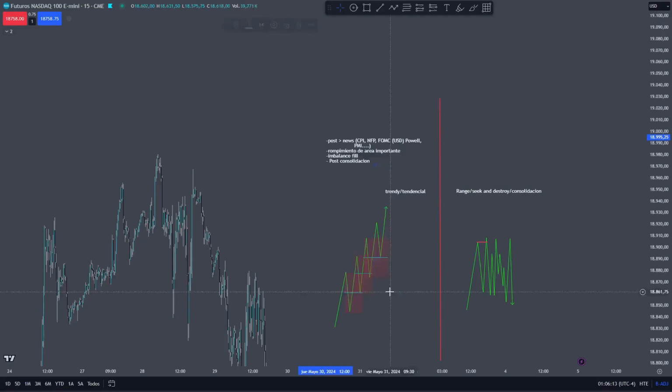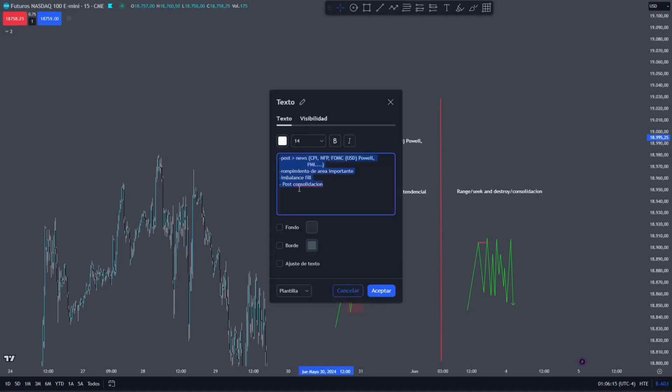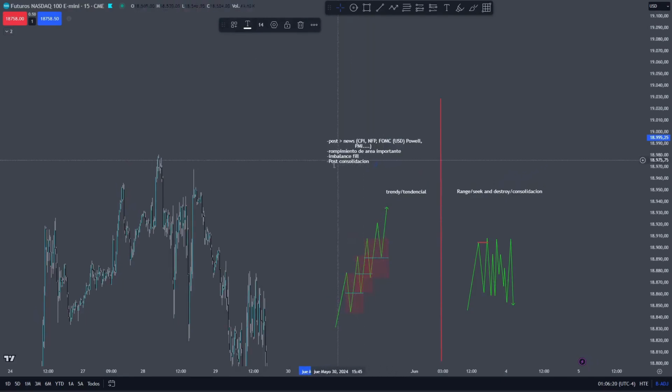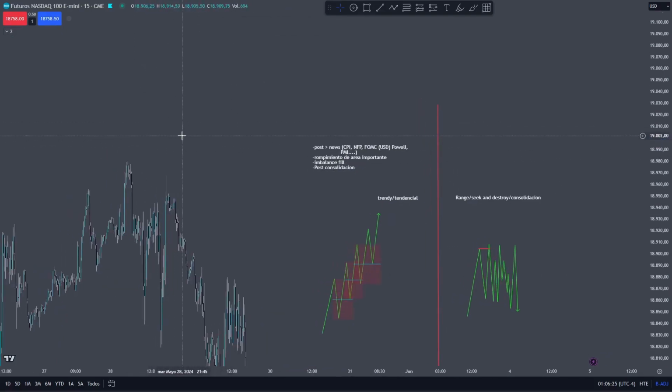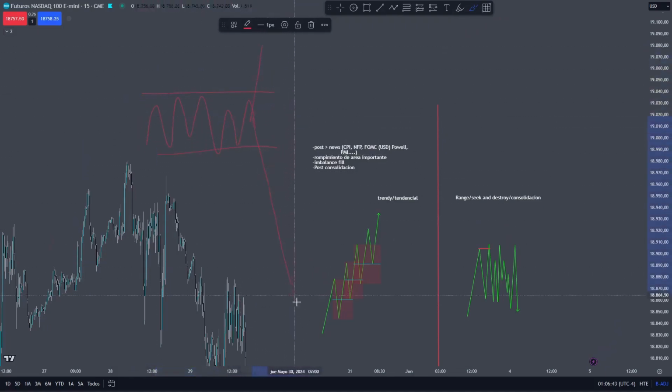So if I come from several days of consolidation, if I come from several days of range consolidation, I should already be expecting that at some point this will break and start a strong distribution, either to manipulate that range, since here there is a range, either to take out one of its sides or simply to now make the strong breakout.